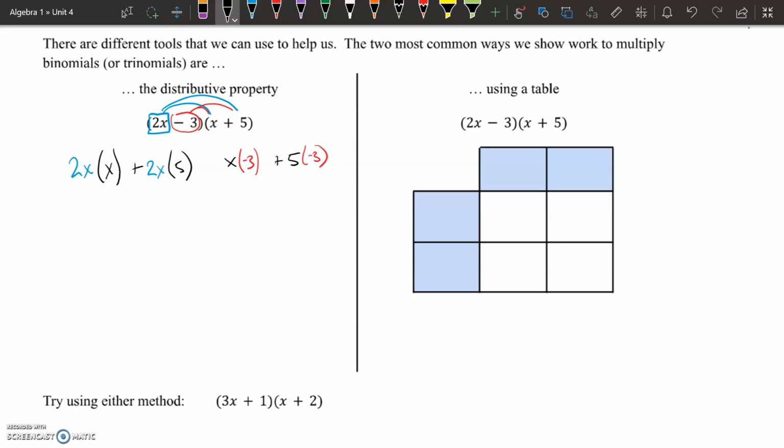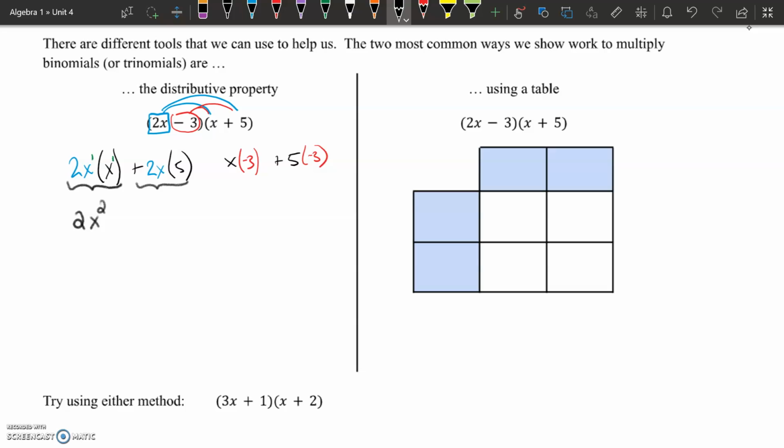Now I have a series of 4 different monomial expressions that I have to simplify. Focusing here, I have 2 times x times x. Don't forget this x has an exponent of 1, this x has an exponent of 1. So we have 2, keep the base, add the exponents. I'm going to follow through and do the same thing with each term here.